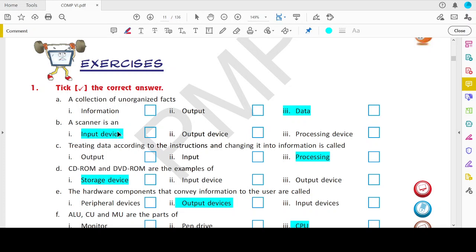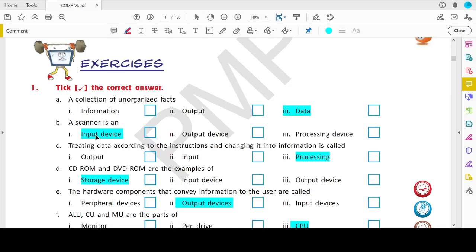So you are taking the input, you are scanning the image on the copy of the book to get the output as the image. Like you can see, this is the book I have scanned, right? This is your IT Planet computer book, and I have scanned this book. This is no more a hard copy, this is a soft copy of the book.